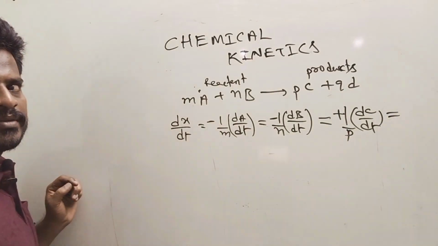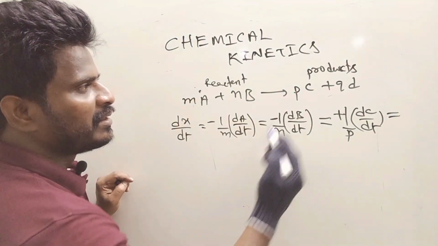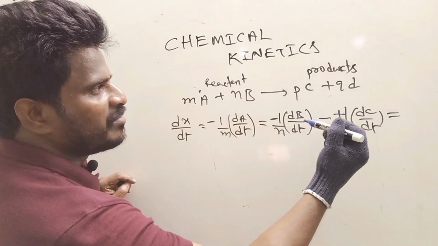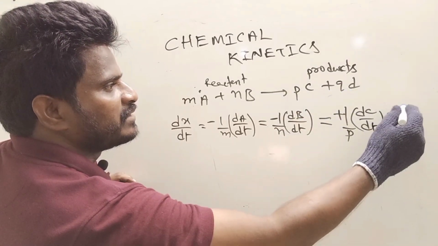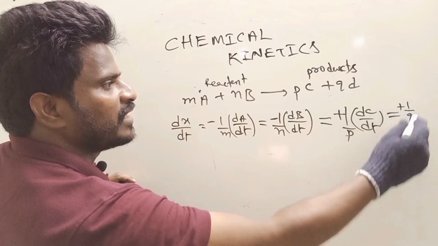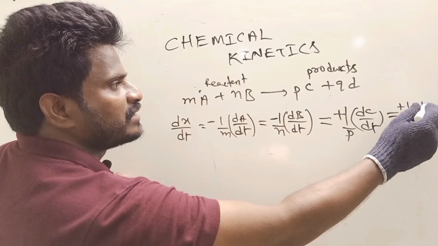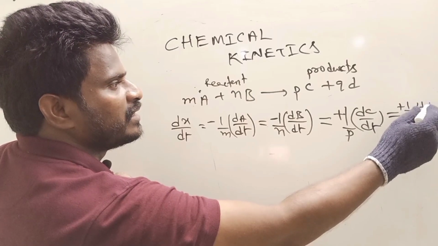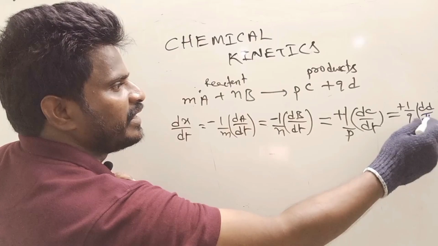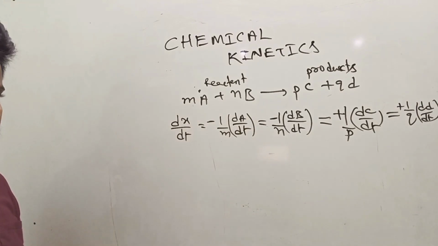And next for D, it is also on the product side, its value is increasing, then the coefficient is represented as the reciprocal and the rate is represented as 1 by q into dD by dt. It is the rate expression for the equation.